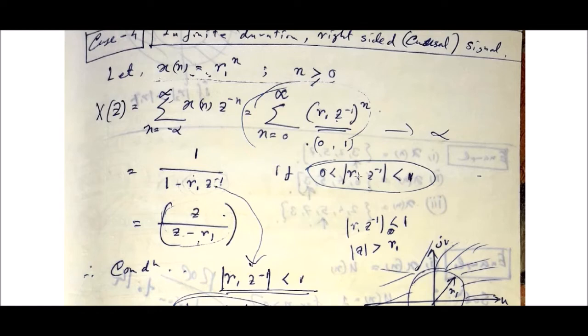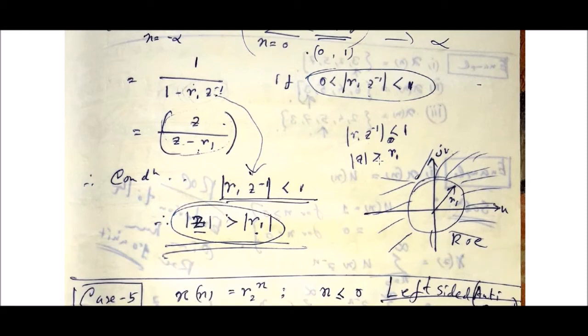Magnitude of R1 z to the power minus 1 less than 1. It is the condition, less than 1. That means by changing the direction, this one has to be taken here, and you can obtain that magnitude of z is greater than magnitude of R1.